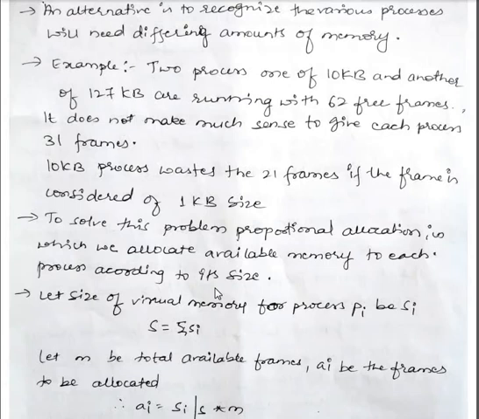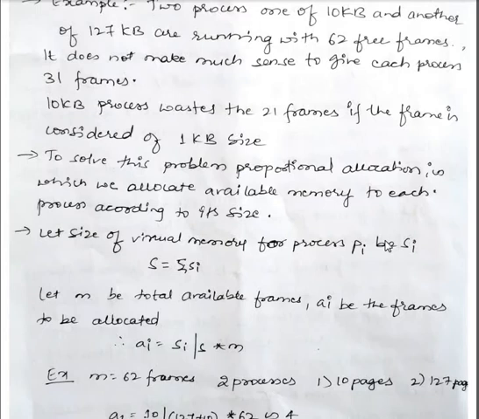To overcome this, we go for proportional allocation. In proportional allocation we have an equation to find the number of frames that should be allocated to a process depending upon its requirement. So how do we find the requirement?